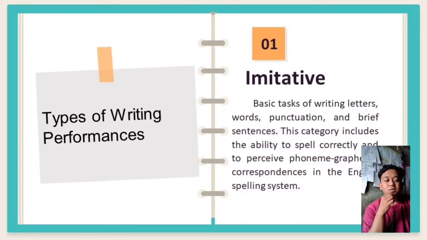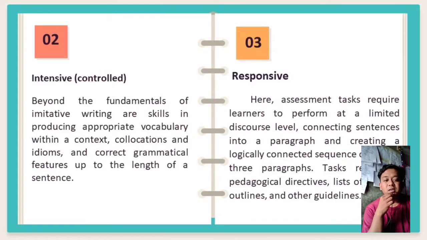This category includes the ability to spell correctly and to perceive phoneme and grapheme correspondences in the English spelling system. The second one is intensive. Beyond the fundamentals of imitative writing are the skills in producing appropriate vocabulary within a context, collocations, and idioms, and correct grammatical features up to the length of a sentence.